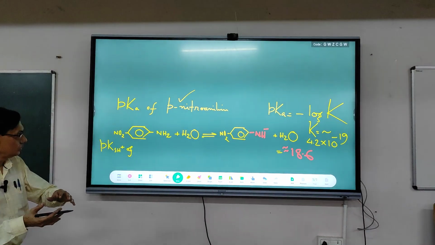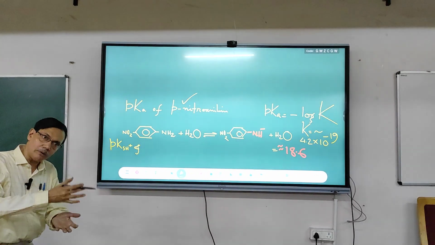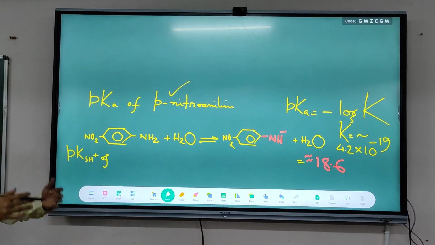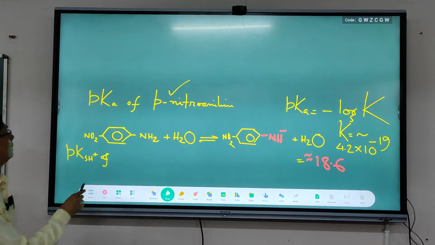Then first you have to convert it into its conjugate part and let the conjugate part ionize.